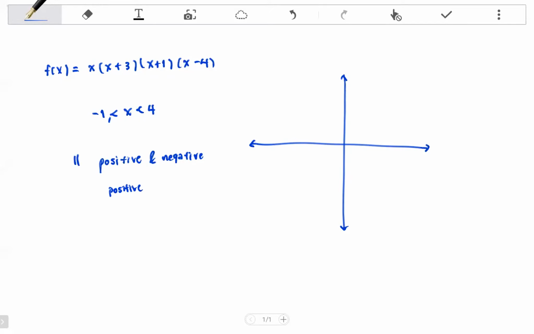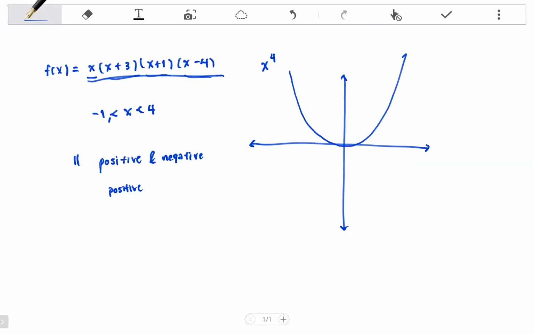Let's try this out. What's our highest term going to be in this equation? X to the, what do you think? 4th, right? So our highest is going to be x to the 4th. And what does a positive even-degree polynomial look like? A U, a smiley face, right?